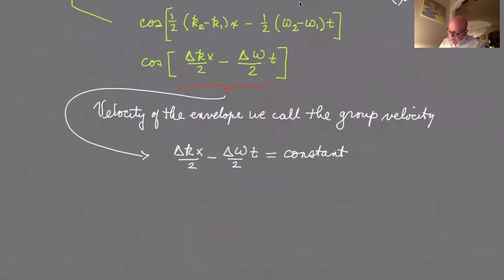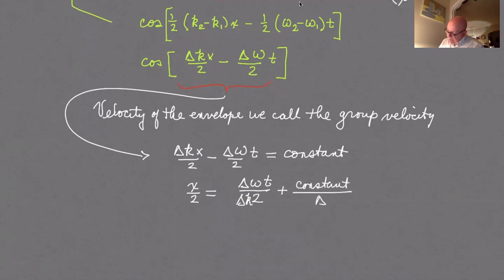Rearranging, x over 2 is equal to delta omega t over 2 over delta k, plus constant over delta k.